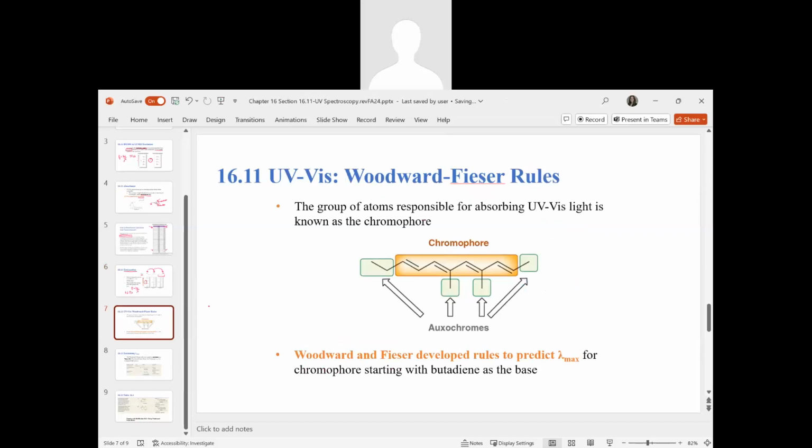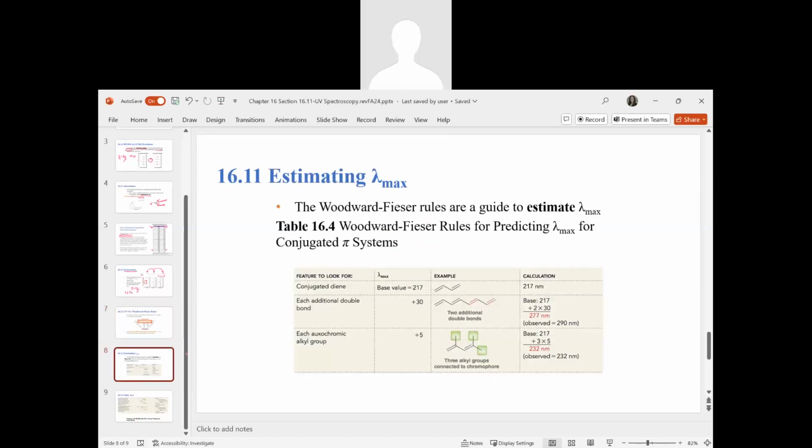Now if we wanted to predict what value would be given for our lambda max, we can do that using this basic system here. We have this compound, and we have this portion called the chromophore. We also have these alkyl groups that we can call auxochromes. The Woodward-Fieser method will show us the rules that we can use to predict our lambda max. We start with butadiene as our base value.